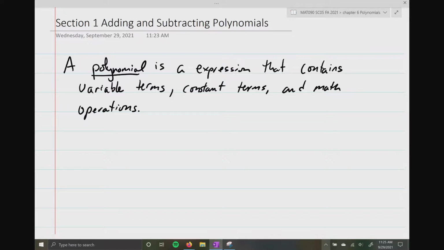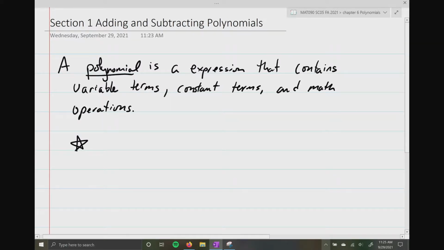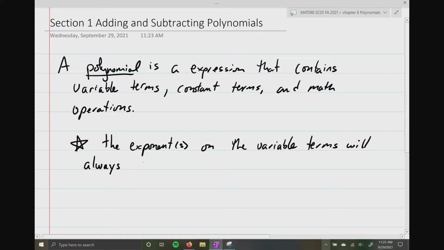Now, what makes a polynomial so special, and I'm going to put a star here, the exponent or exponents on the variable terms will always be a whole number.